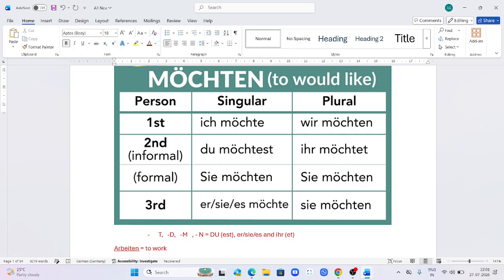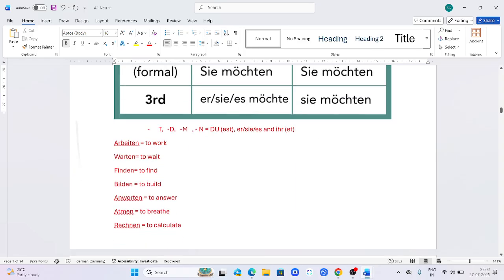Ein Glas Wasser is a glass of water. Möchtest du ein Glas Wasser trinken? Instead of Wasser, you can change it to Saft. Saft means juice. Or you can change it to wine, beer, or Apfelsaft. Anything in that place. Got it? Yes, ma'am. So this was about modal verbs.